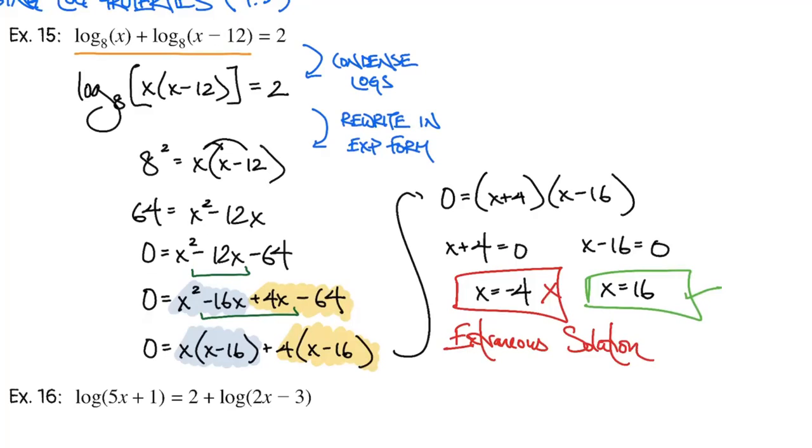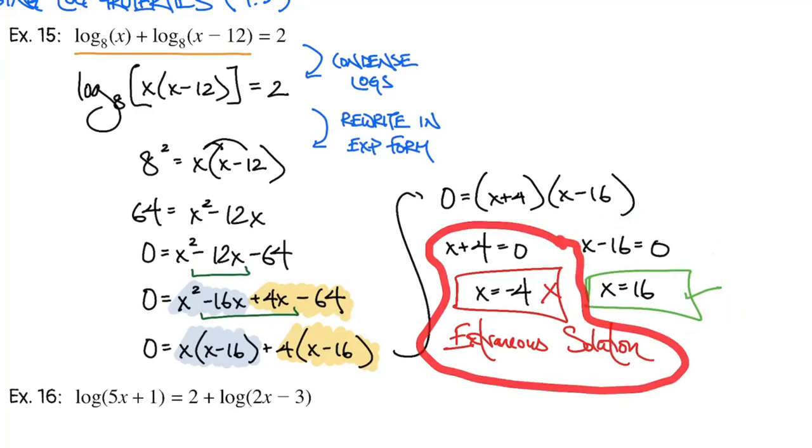If you do the work and all you do is write out x equals 16, I don't know what happened to the other value. So it would be important for you to show me and yourself that there were two answers, but one of them doesn't work. You don't have to write out everything you put into the calculator. You just need to show me that you tried it and that it didn't work.